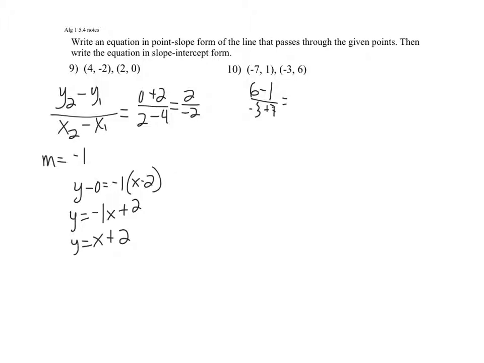So we've got 6 minus 1, which is 5, over 4. So the slope is 5/4. You can pick either point you want. Let's pick the point (-7, 1) this time. So we're going to have y minus 1 is equal to our m, which is our slope, 5/4, times x minus x sub 1. In this case it's -7, so I'm going to say plus 7.